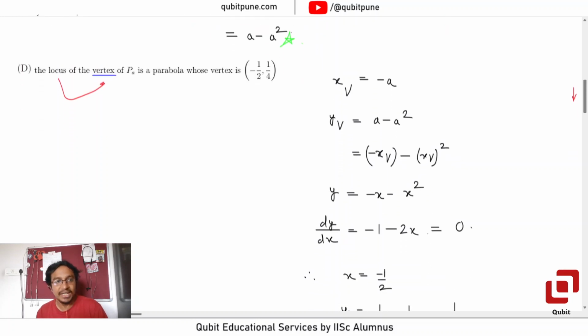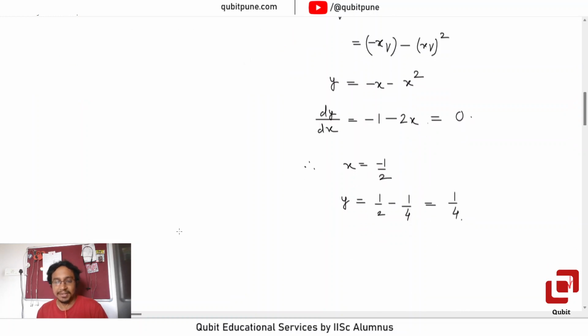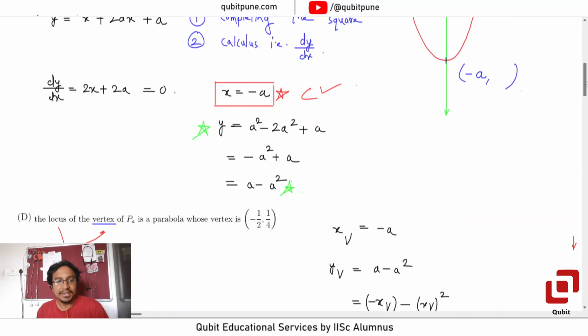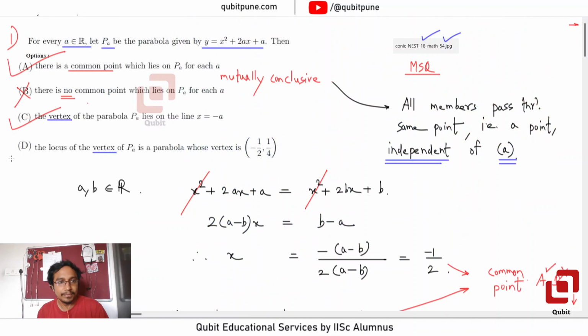So is option D correct? Yes, option D is correct. So option A, option C, and option D are all correct.